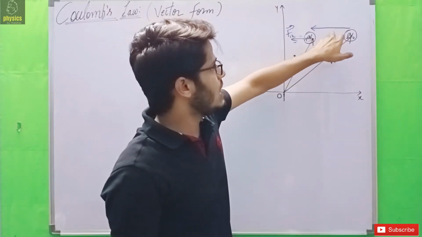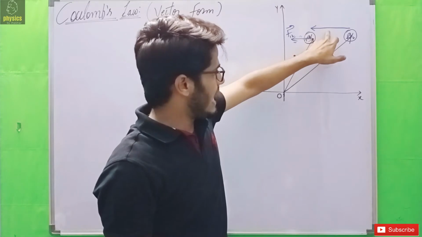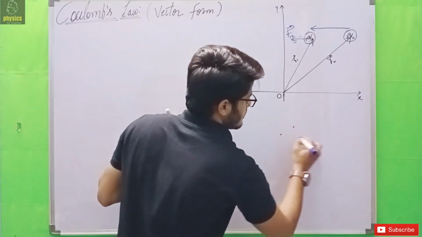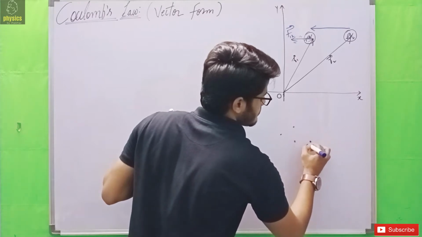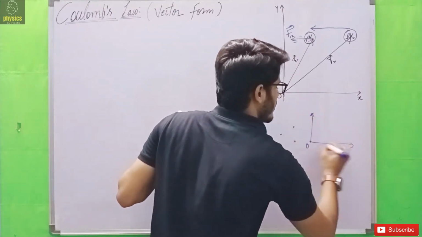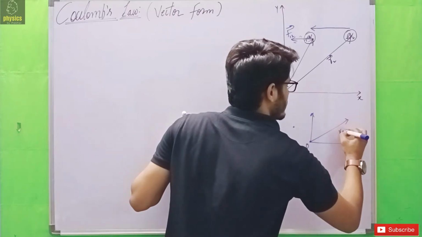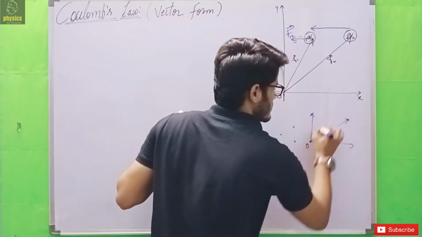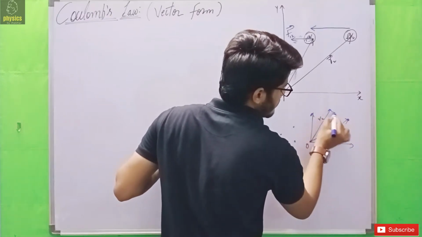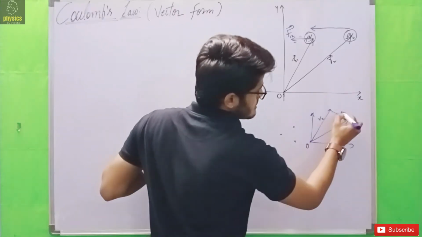So what is the value of this vector? Suppose this is the origin, and you have a vector R1 like this, R2 like this, and they have some distance between them.